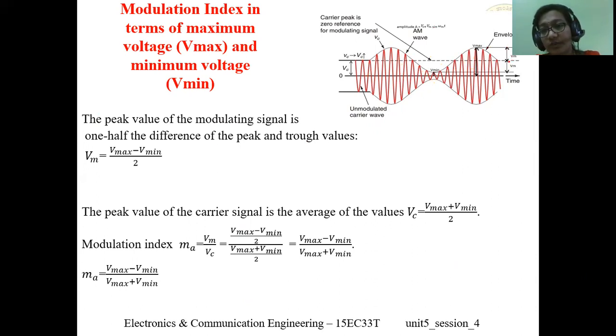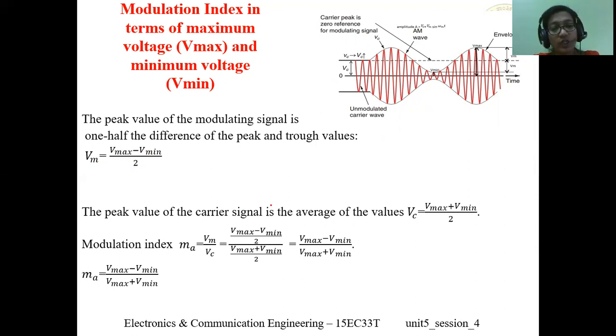Here this is Vm, this is also Vm. The peak to peak becomes 2Vm. The 2Vm we can take as Vmax minus Vmin. So 2Vm is equal to Vmax minus Vmin. So I can write Vm is equal to (Vmax minus Vmin) by 2.